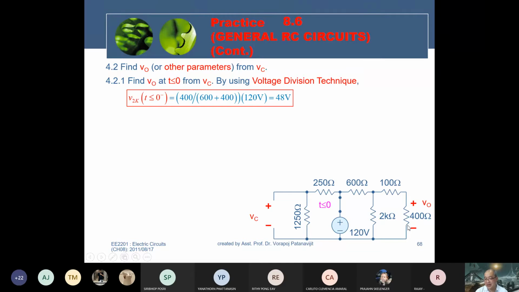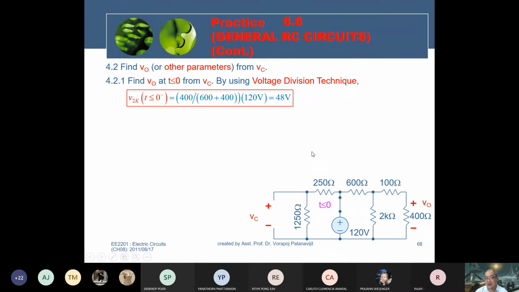The voltage divider separates them into two steps. The first one is the voltage across 600, and the voltage across the parallel result of the 2K in parallel with 500 ohm, which equals 400. Yes, 400 in this case.